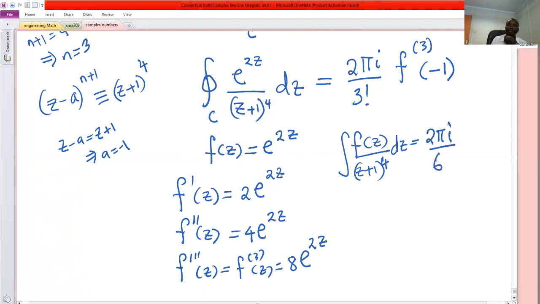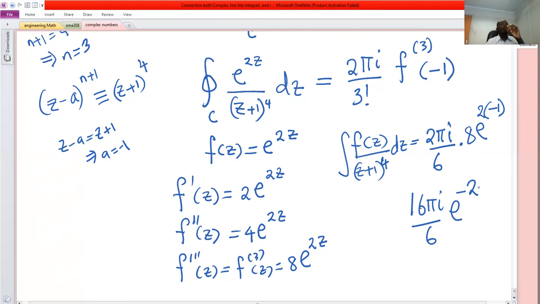And then the value of the function, multiplying by 8 e raised power 2, where this z you put negative 1. So we'll have 16 pi I over 6 e raised power minus 2.